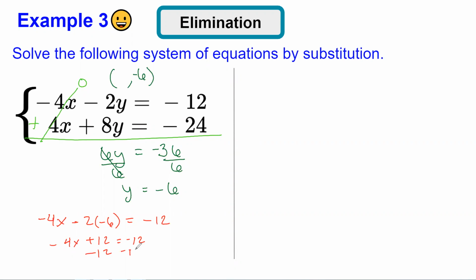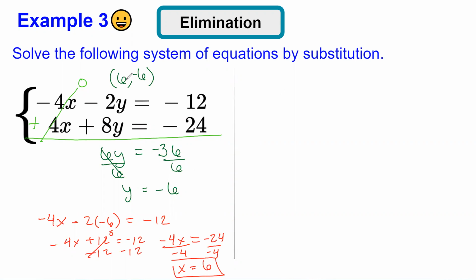Subtract 12 on both sides. We're left with negative 4x equals negative 24, divide by negative 4, we get x equals positive 6. So our x value is positive 6.